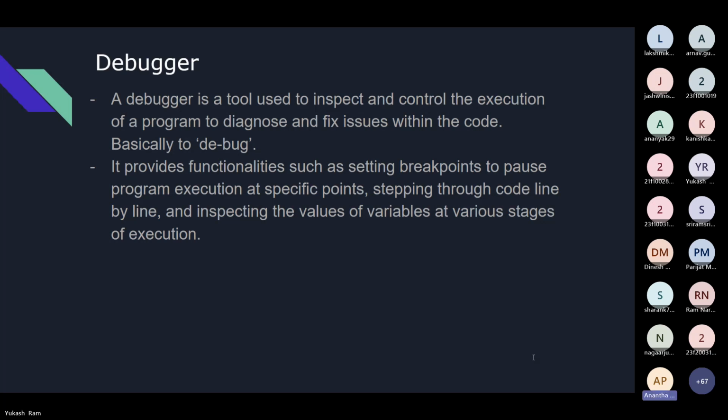What they basically do is let you set something called breakpoints, where you can halt the program at a particular place and see the value of the variable you are trying to operate on. That's like stopping the program after the second operation and seeing the current value of the variable, or of multiple variables. This is one of the functionalities a debugger offers you.